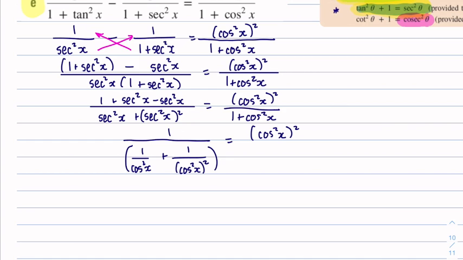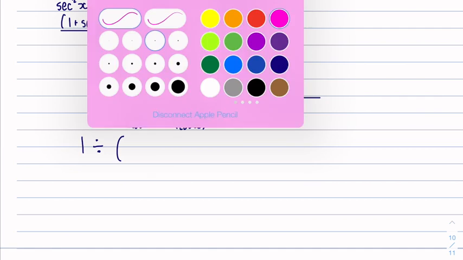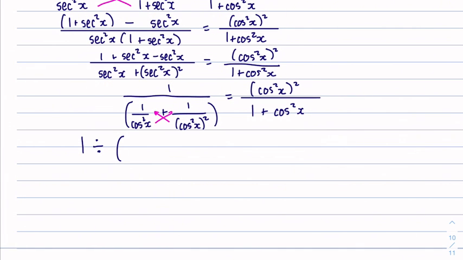Okay, so I'm starting to see where that cos squared x squared is going to come from. Okay, I'm just going to play with this left-hand side. So this is the same as 1 divided by, and I'm going to cross multiply. So I've got cos squared x squared plus cos squared x over cos squared x times cos squared x squared.